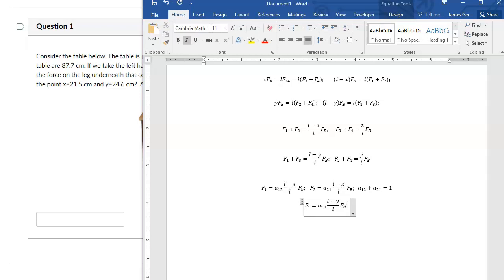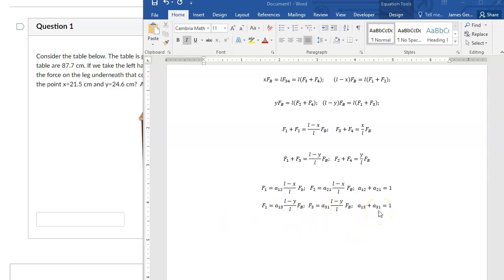And F3 is going to be A31 times L minus Y over L FB. Now, A13 and A31 are just my labels for this. And again, A13 plus A31 have to add up to 1, because all I've done is say F1 is some fraction of the total and F3 is some fraction of the total, and the two of them together have to add up to the total.